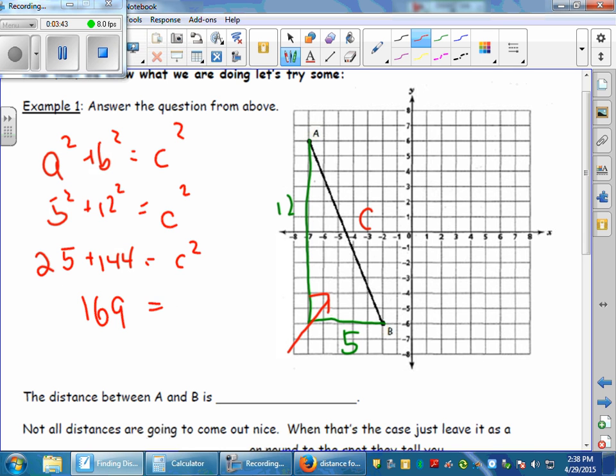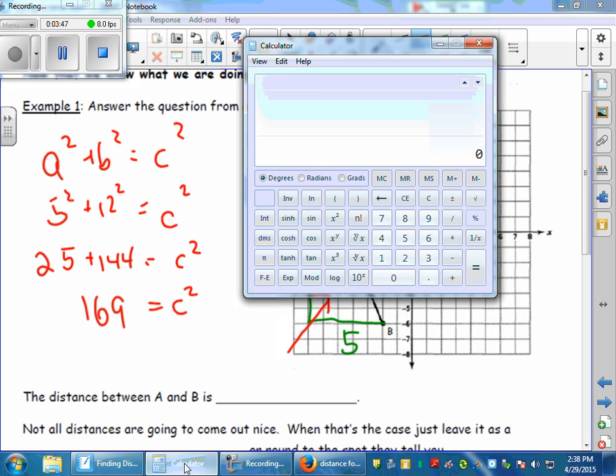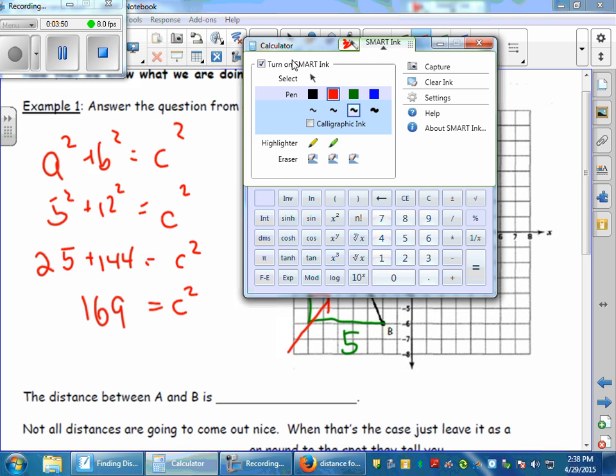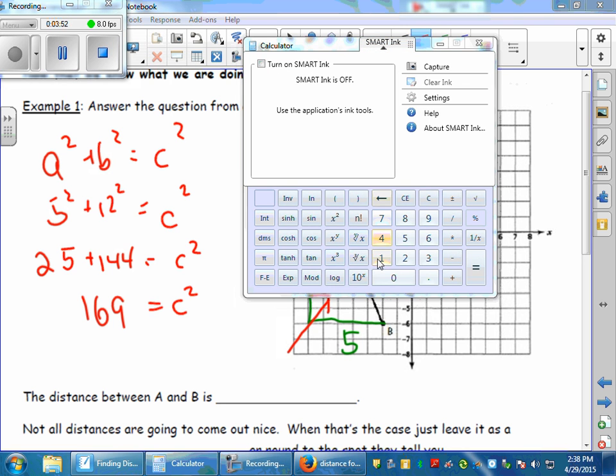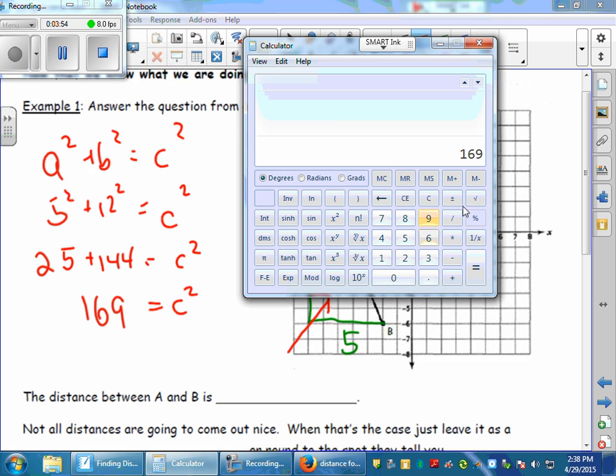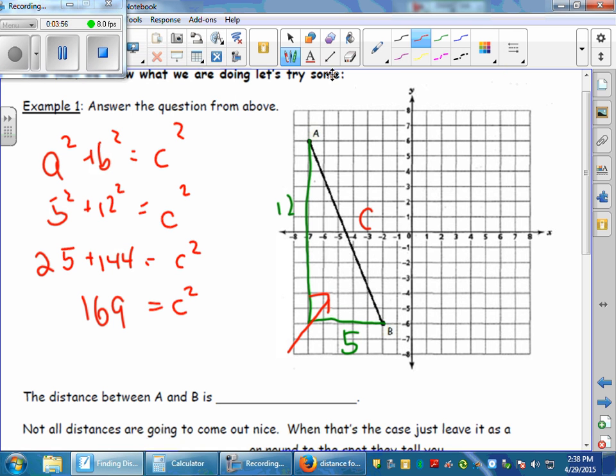So 169 is equal to c squared. And the square root of 169 is 13. So the distance between A and B on here is 13.